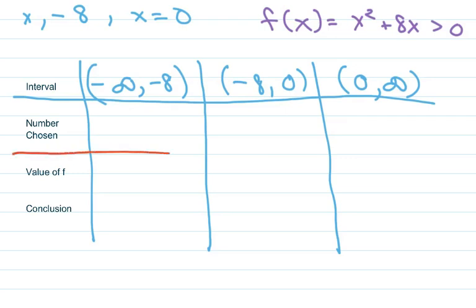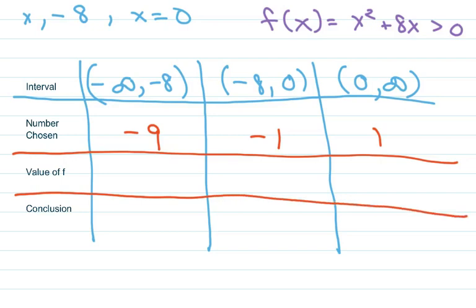The number I'm going to choose for this, I'll just choose negative 9. Here I'll choose negative 1. I'll choose 1. You can choose anything you want within that interval. When I plug my negative 9 in, I get 9. When I plug in negative 1, I get negative 7.